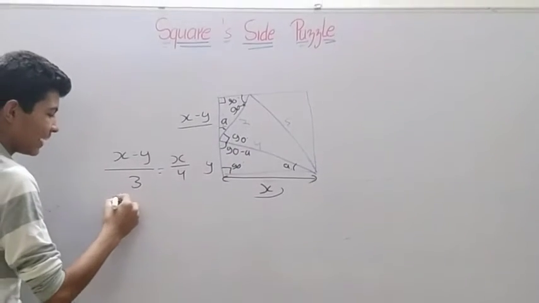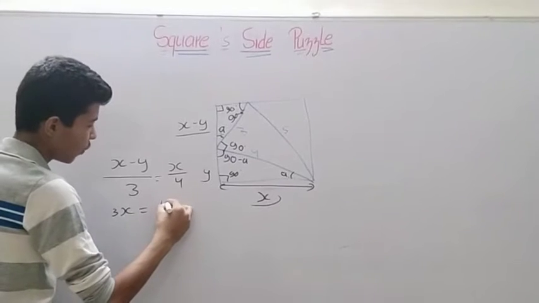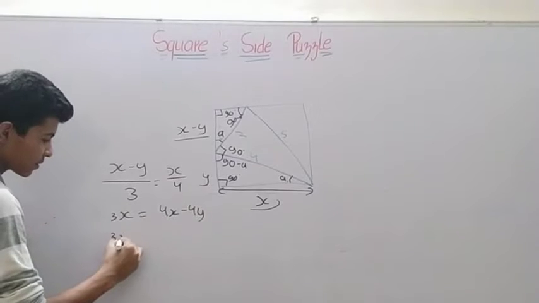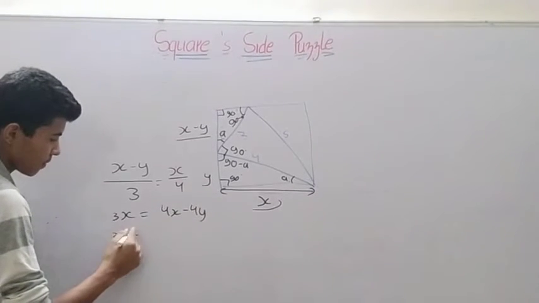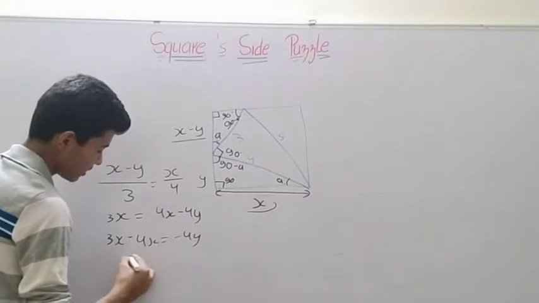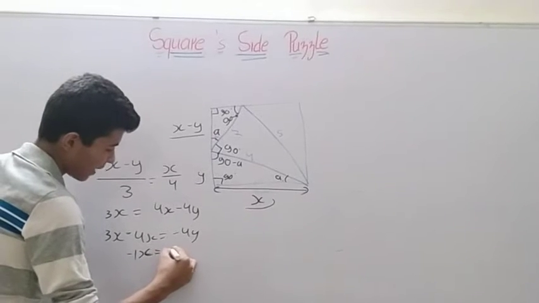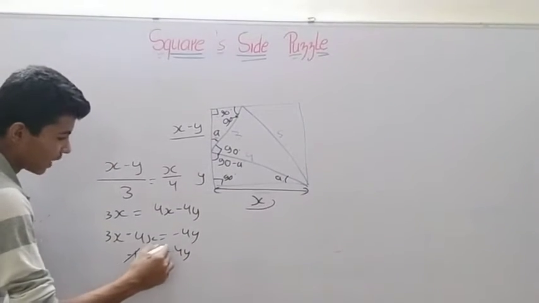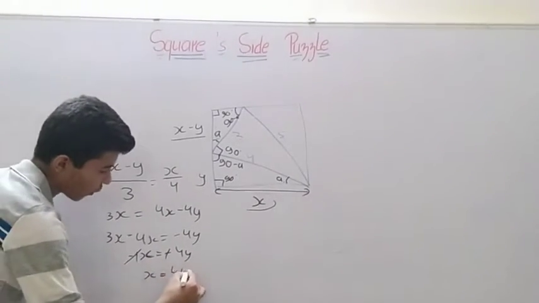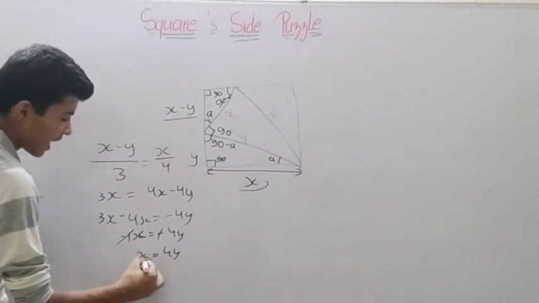When we do cross multiplication, that is 3x is equal to 4x minus 4y. We get 3x minus 4x equals minus 4y, that means minus x equals minus 4y, and the minus signs cancel out, so x is equal to 4y. So we can rewrite y as x divided by 4.